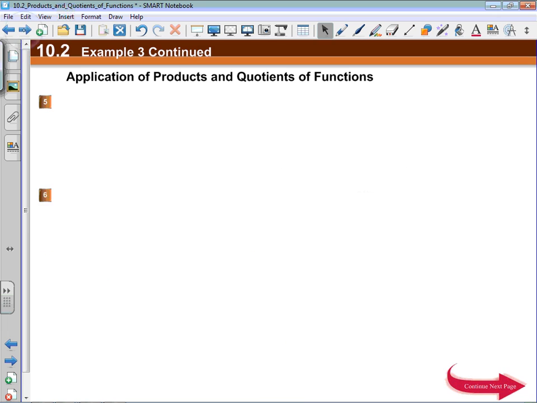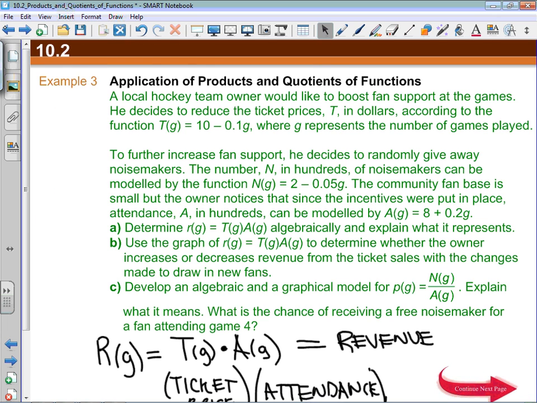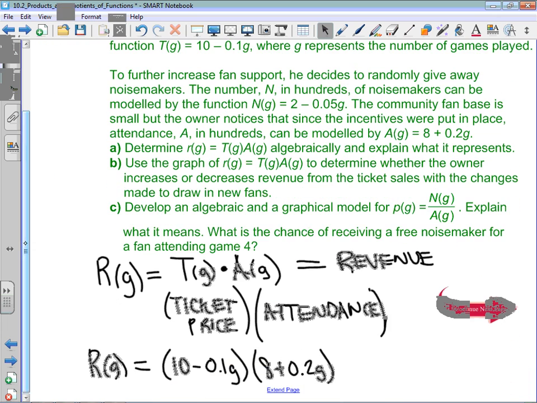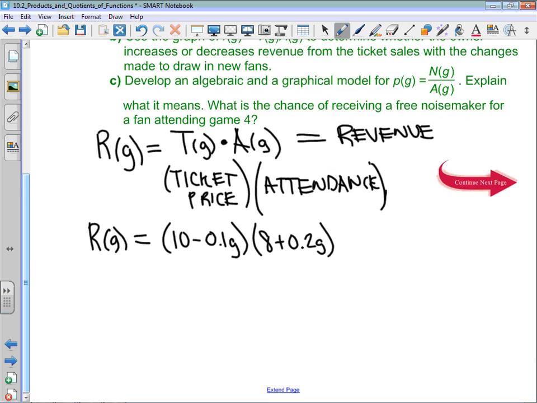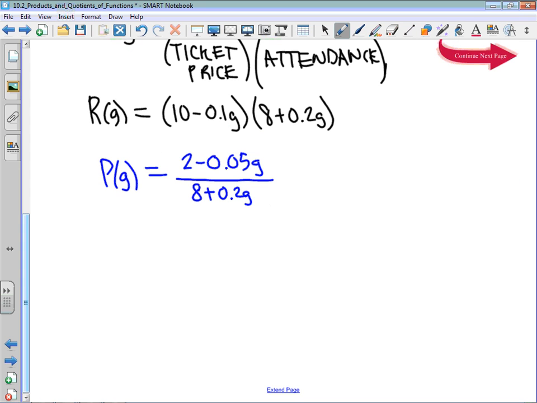All right, the next part of this question talks about two different functions. So C wants us to develop an algebraic and a graphical model for P of G is equal to N of G over A of G. They throw a lot of different functions at us. I'm just going to identify it so I don't forget: it's 2 minus 0.05 G divided by A of G, which was our 8 plus 0.2 G. Now, in the question, it tells us that N of G is the number of free noisemakers.